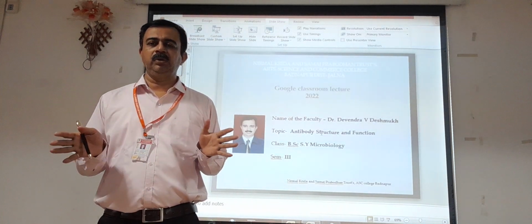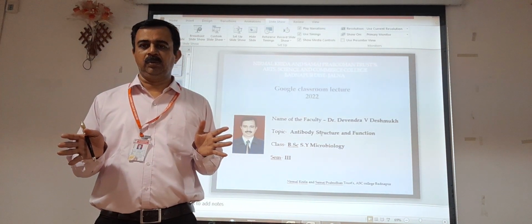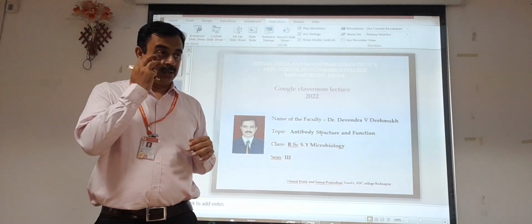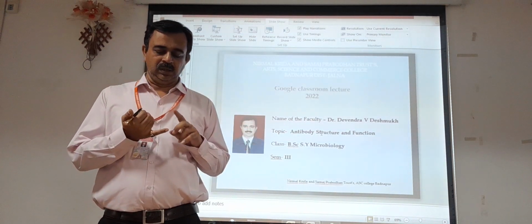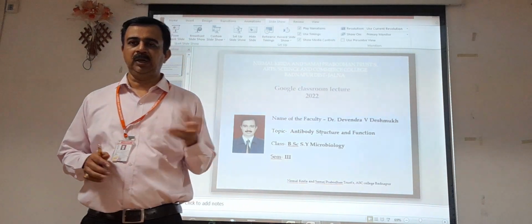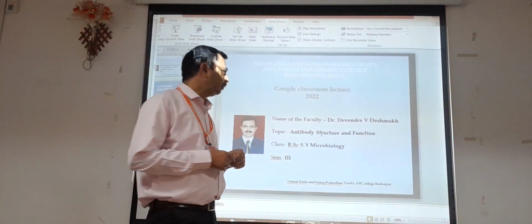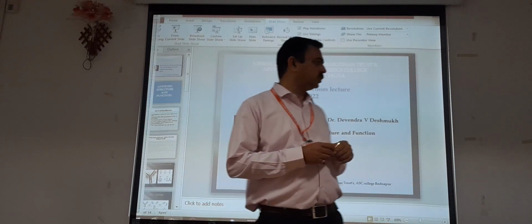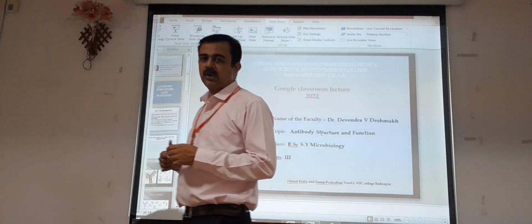There will be variation in the structure of the antibodies when we cover IgA, IgG, IgD, IgE and IgM, the different types of antibodies. At that time we will come to know the different structures and functions of these antibodies.